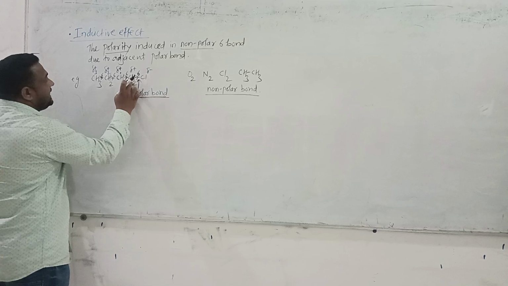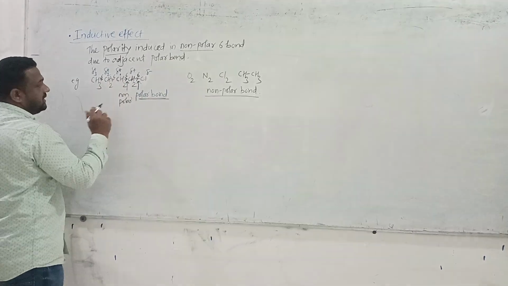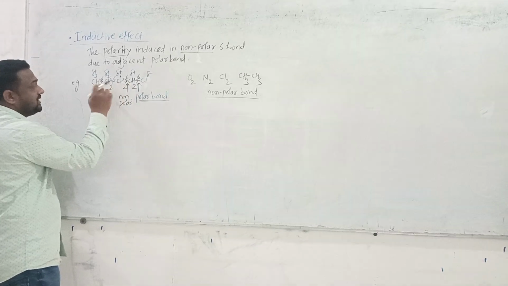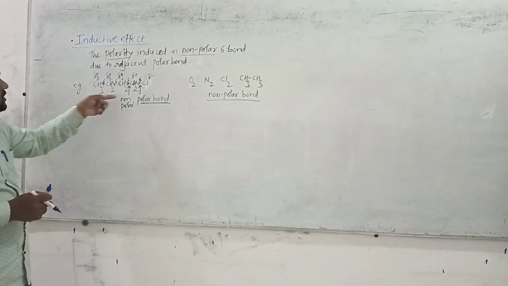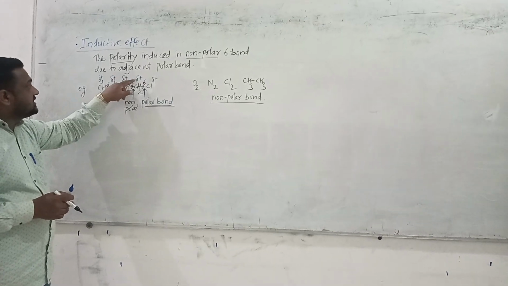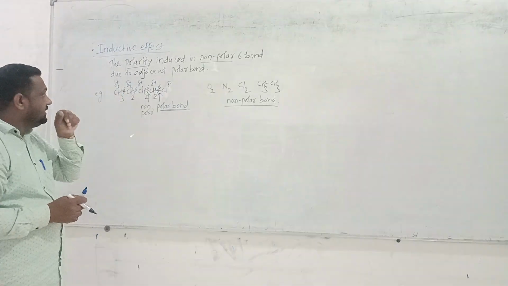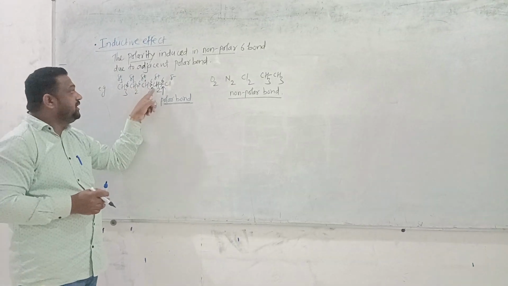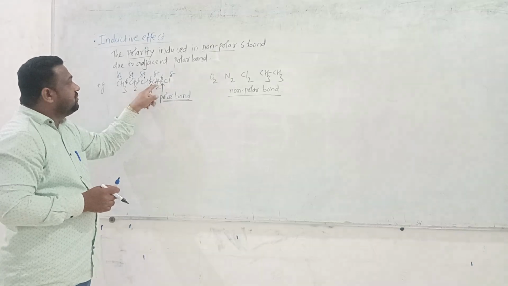Therefore polarity is induced in a non-polar covalent bond: this carbon-carbon bond is non-polar, but a partial positive charge is induced in the carbon-carbon sigma bond due to the presence of an adjacent polar bond.